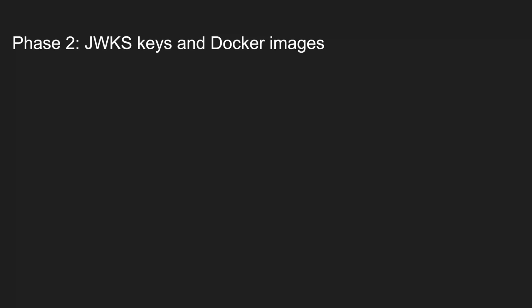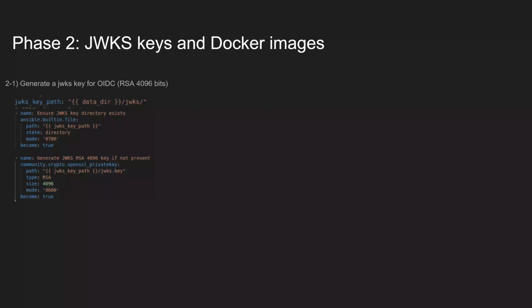Okay, phase two is about generating JWKS keys and setting up your Docker images. First, we generate our JWKS key to implement our SSO later.